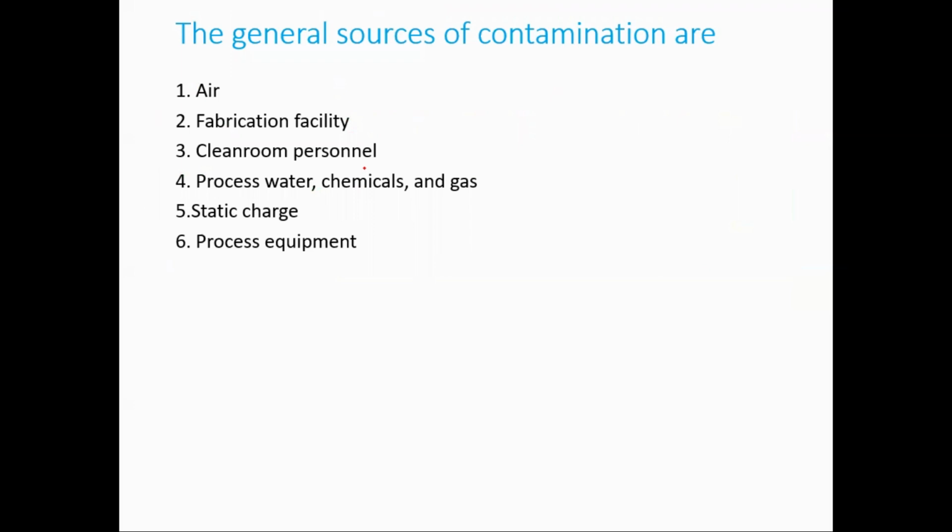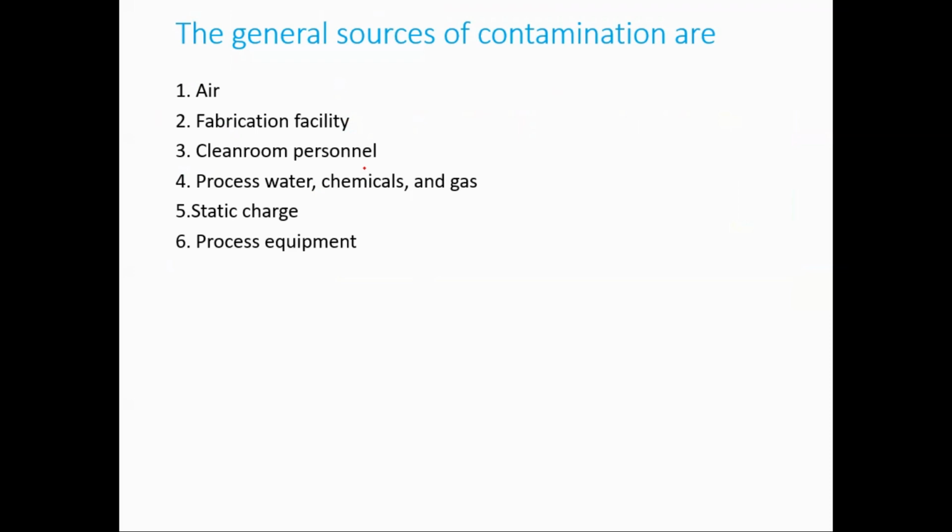Now, in this slide, I'm going to discuss general sources of contamination. What are the general sources of contamination? It can be air, or the fabrication facility which we are using, which has some sort of problems as far as dust is concerned. Then another is clean room personnel.